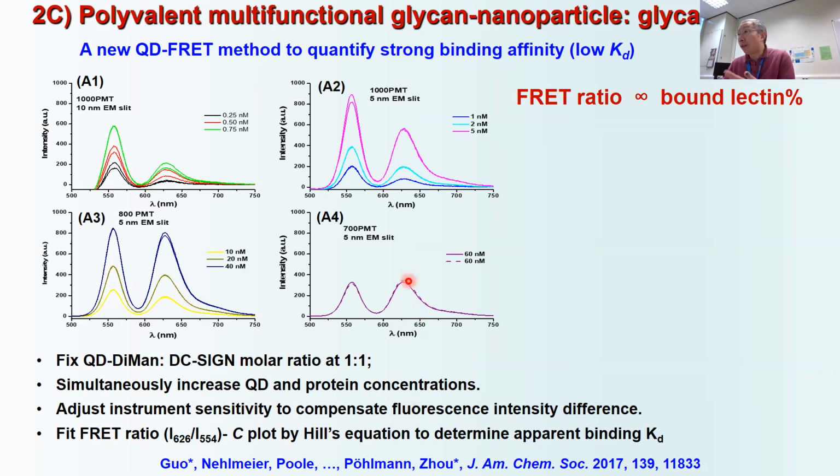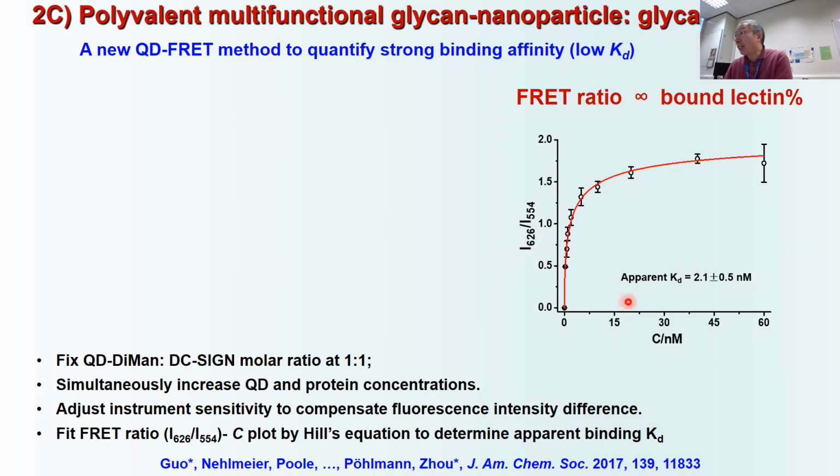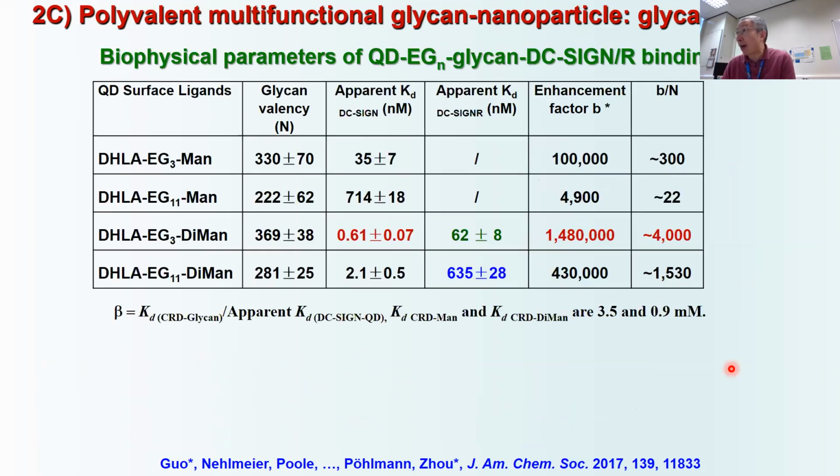Although this changes the absolute signal for both quantum dots and the dye, we're using the FRET ratio, which will not be affected. So using this method, we can use the ratio versus concentration to derive how strong the binding is. This method works for both strong and weak binding.